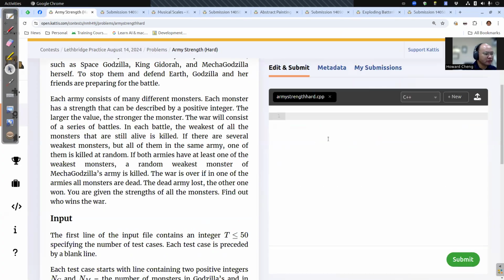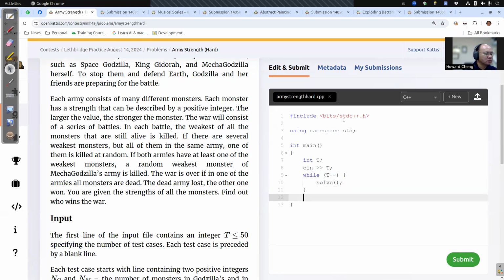I'll just do coding right in this little terminal. So we'll read in the number of cases, and I always do it like this: I'll do everything in this solve function.